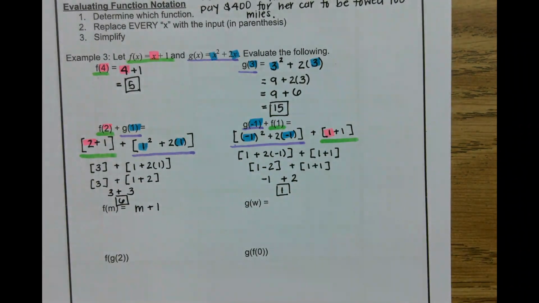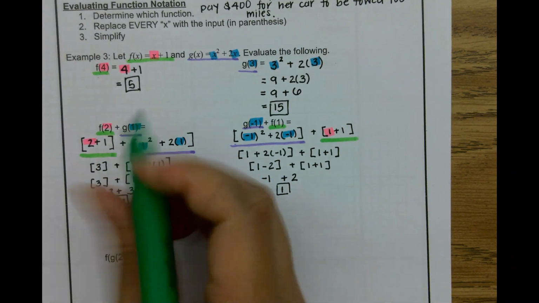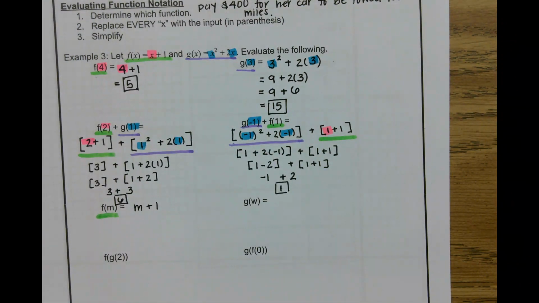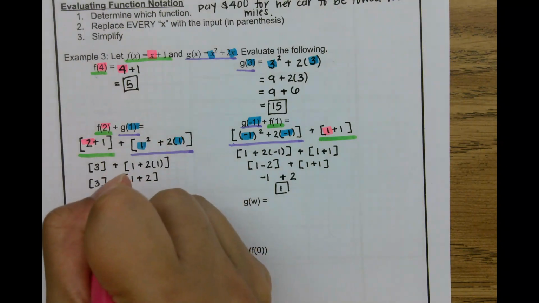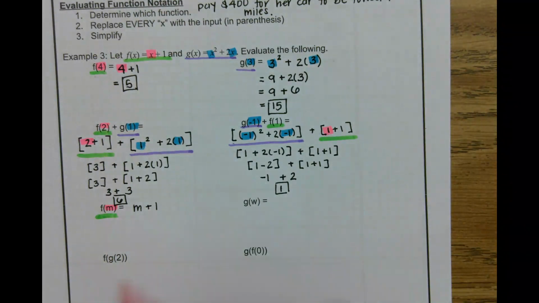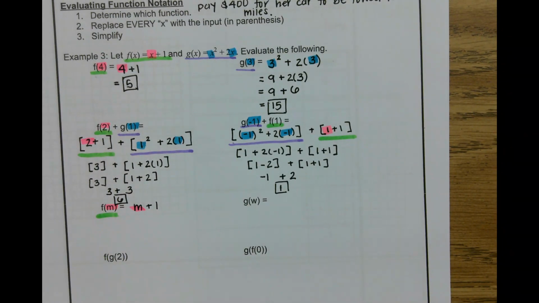And I'm actually done. That's it, right? I determined which function. Okay, since it's f, I use the f function. And then all I had to do is take what I had inside the parentheses, the input, and plug it in wherever I saw x, which I did. Right here. Okay. And then I'm done. That's it. f of m equals m plus 1, whatever that is.